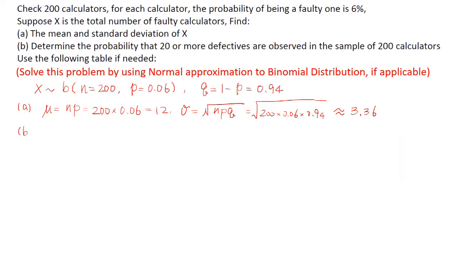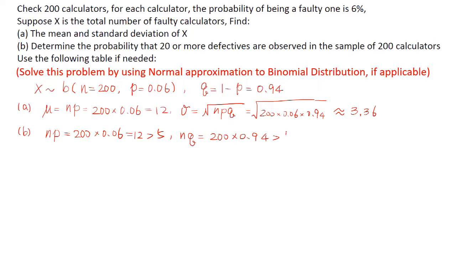Okay, B. Use normal approximation to the binomial distribution. First, let's check whether we can use approximation. NP here is 200 by 0.06, which is 12. Apparently it is greater than 5. NQ here is 200 by 0.94.